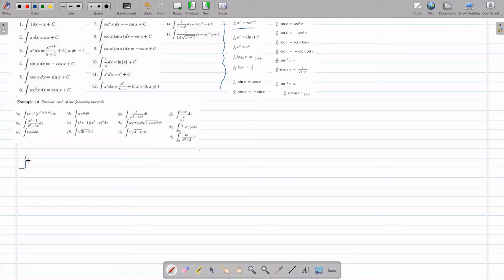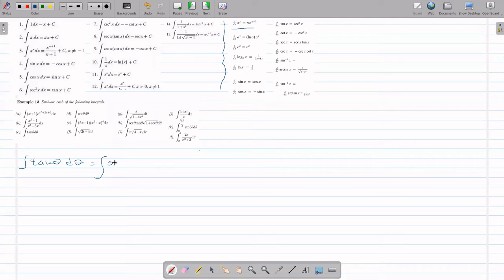Then we'll go to this one. Now integration for tan theta is not given here. But this tan theta from trigonometry I know it's sine over cos.